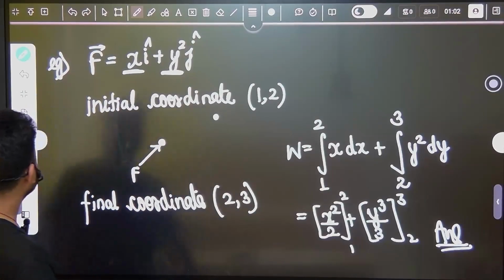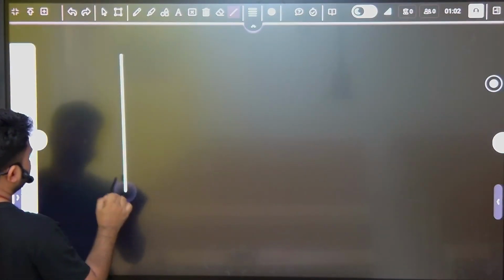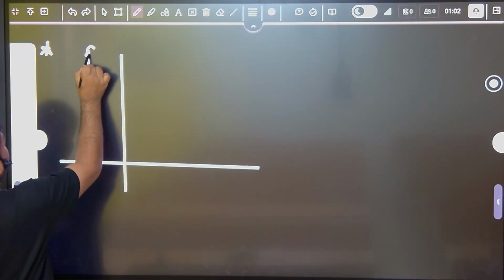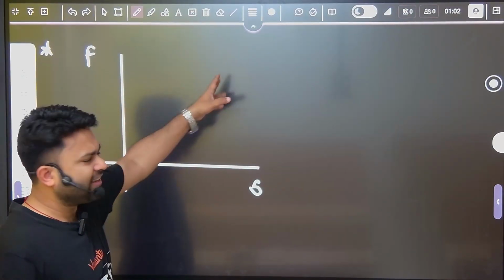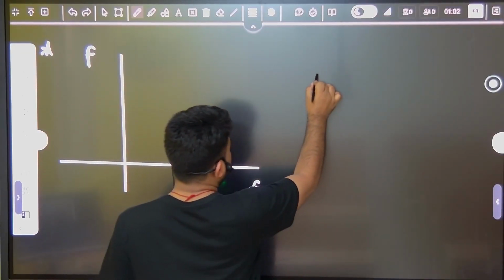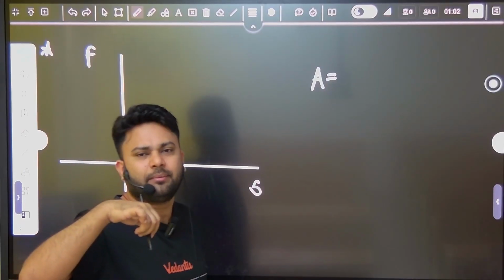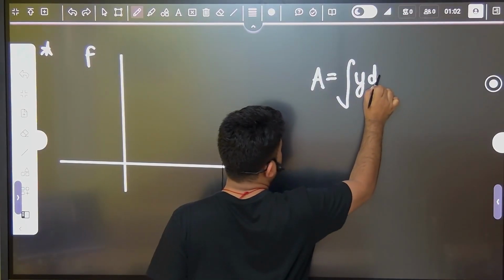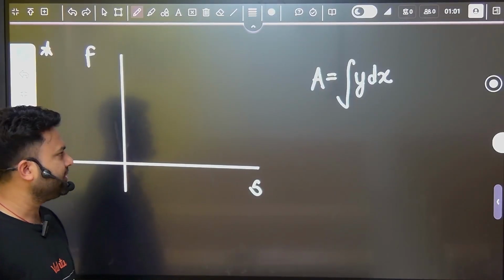Now next is, suppose a force versus displacement graph is given, and there is any curve, so what will be the area under the graph? The general formula you always remember, I told you in basic mathematics: if a y versus x graph is there, we write area equals integration of y dx.